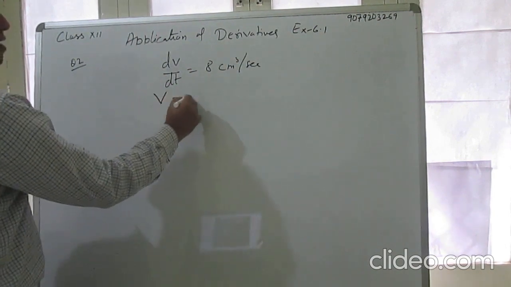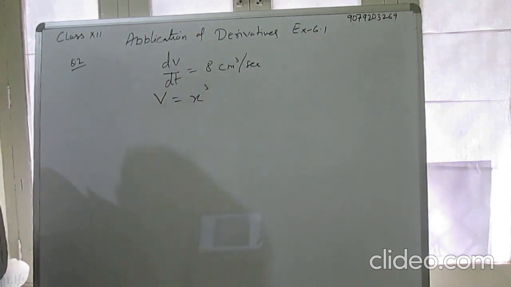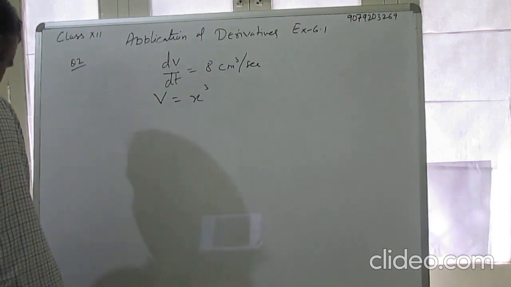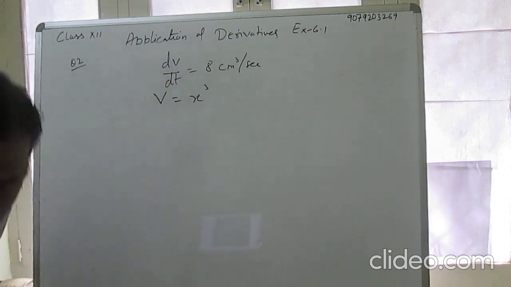What is volume of cube? x cube, अगर साइड x है तो वॉल्यूम का. Now, how fast is the surface area? How fast?